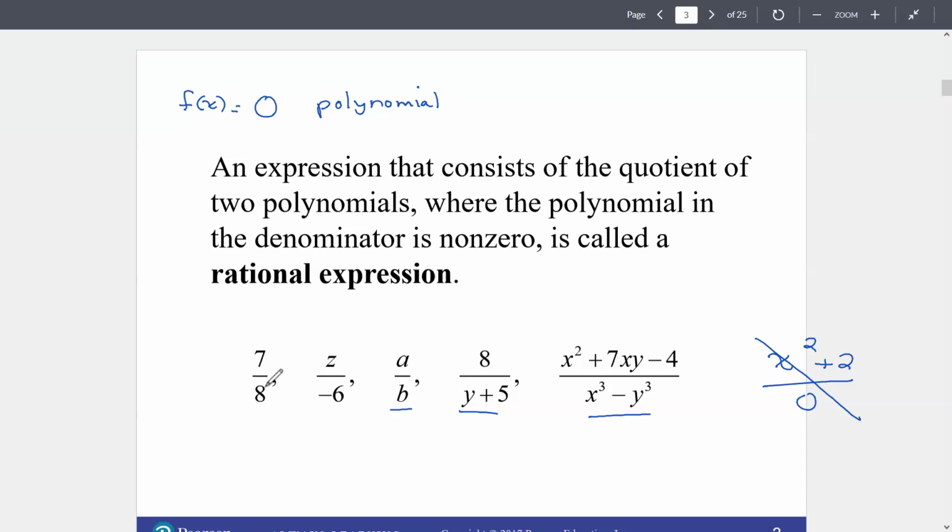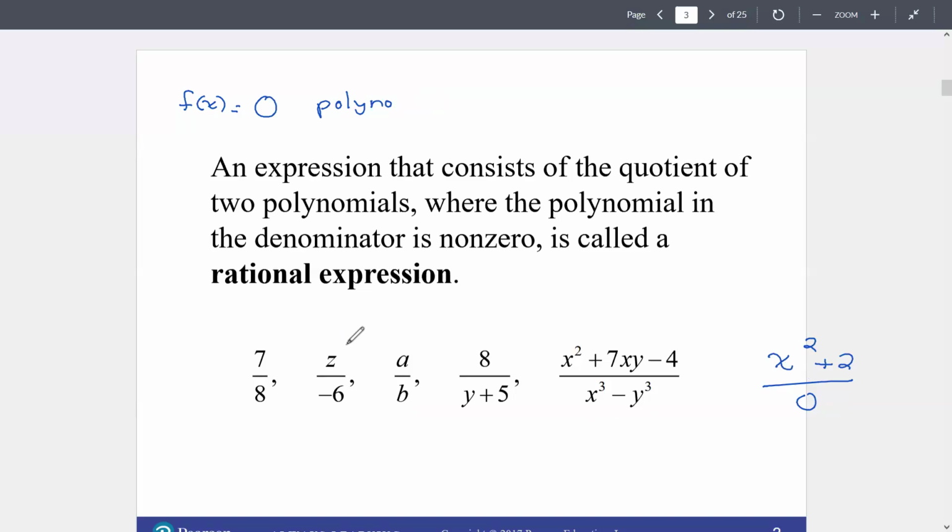So 7 and 8 by themselves are polynomials, so 7/8 is a quotient of polynomials. Having just a variable is also a polynomial, say something like z over -6, or two variables, a over b. Expanding a little more, you could have a constant divided by something with a y in it, or it could be at the top.